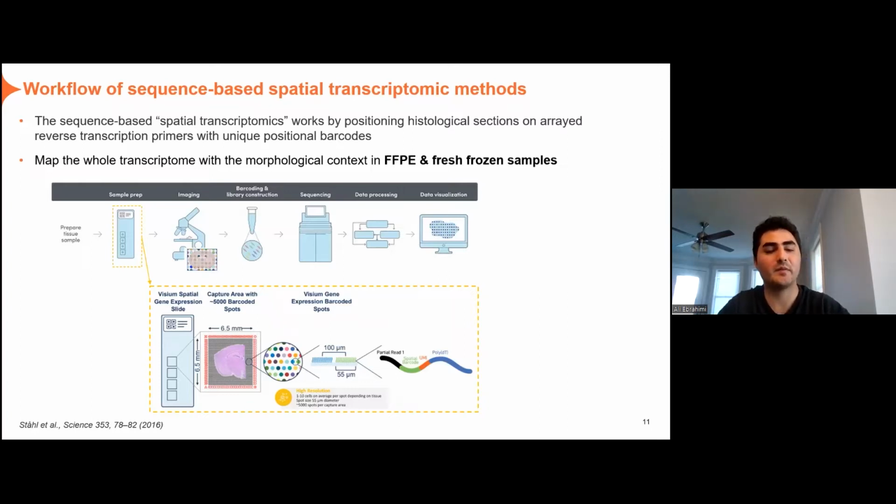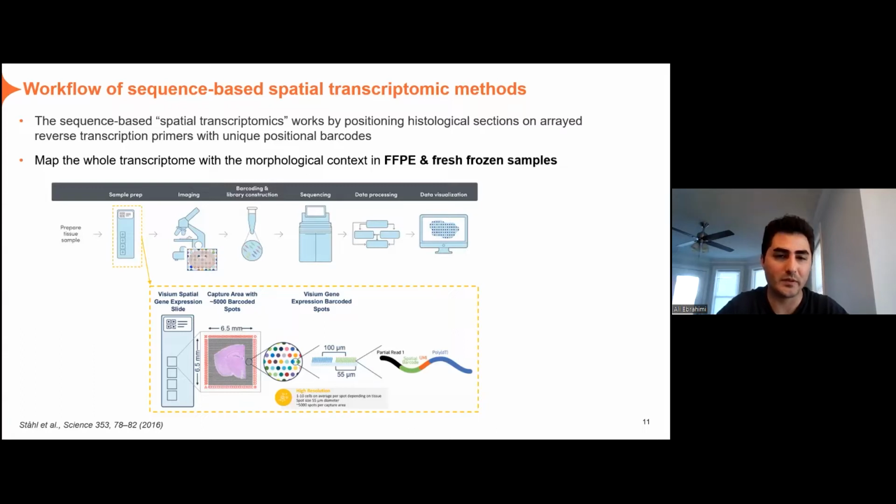Then you take that tissue and do sequencing, and after sequencing you have sequencing information and imaging information, and you computationally bring these two levels of information together and quantify the gene expression per single spot.